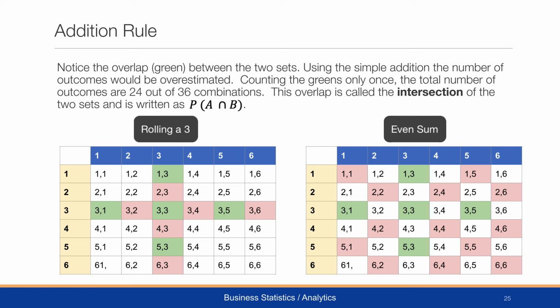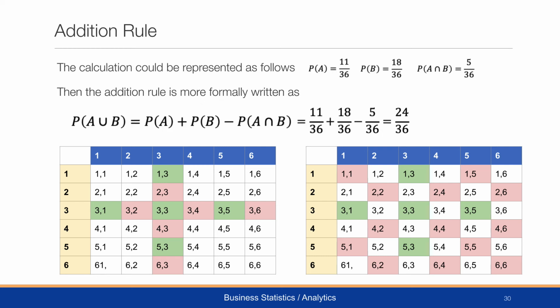And this overlap is called the intersection of the two, which is the probability of A intersect B. In this case, the calculation could be represented as follows. Probability of A is 11 out of 36, and the probability of B is 18 out of 36. So the probability of A intersect B is going to be 5 out of 36, and here's why.